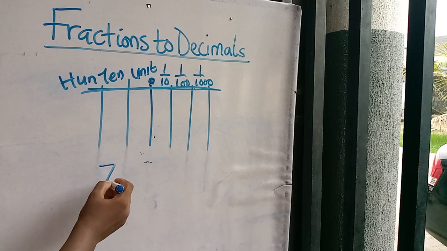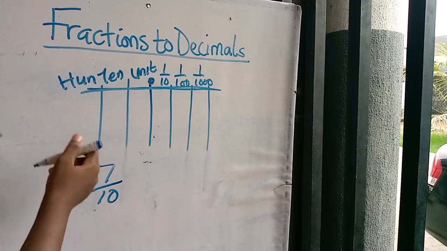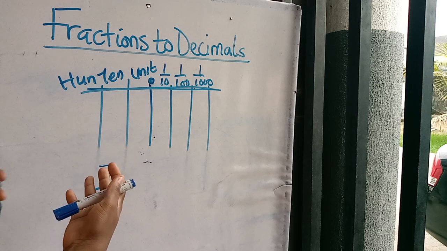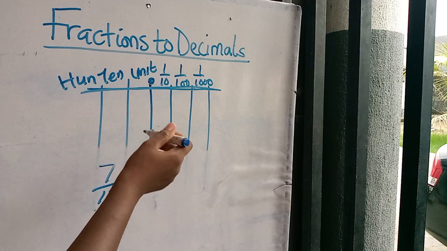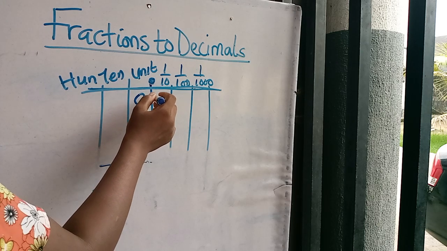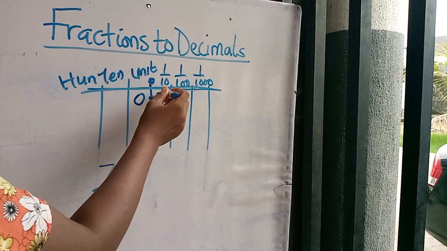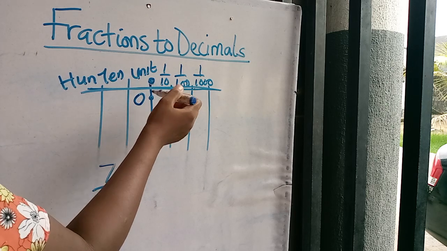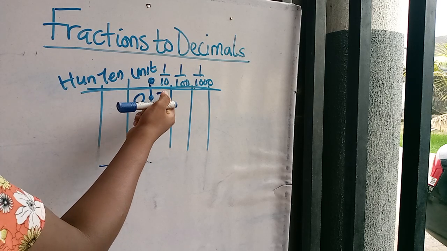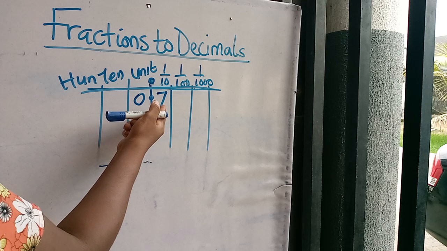Let's look at an example using this place value chart. If we have 7 over 10, this fraction does not have a whole number. So what do we do? We put 0 in the unit part and we add our point. 7 will now rest on the tenths part.